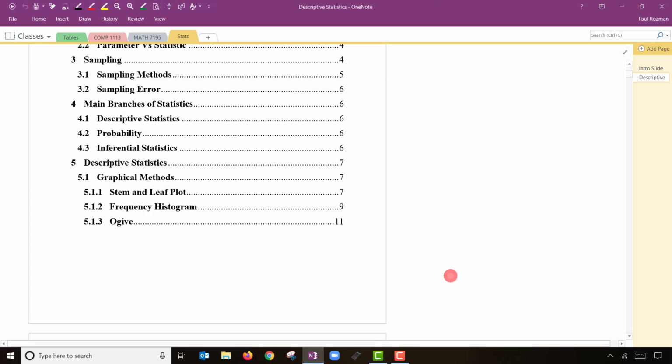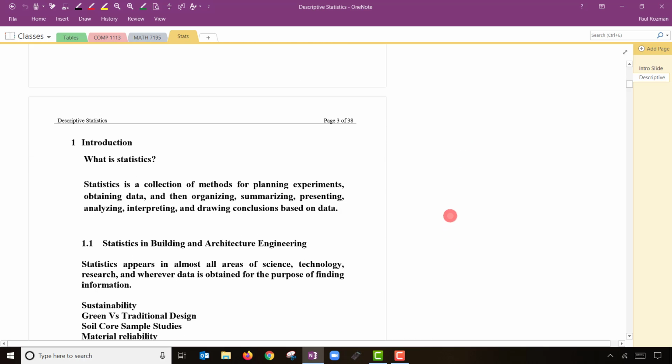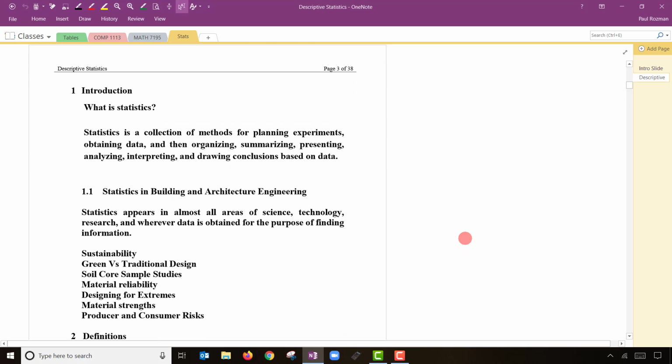Here we are in Unit 1 Descriptive Statistics. Now, in your Course Learning Hub, you should have a copy of these notes that allow you to follow along. You can make your own notes as you go. In future units, there'll be more space.